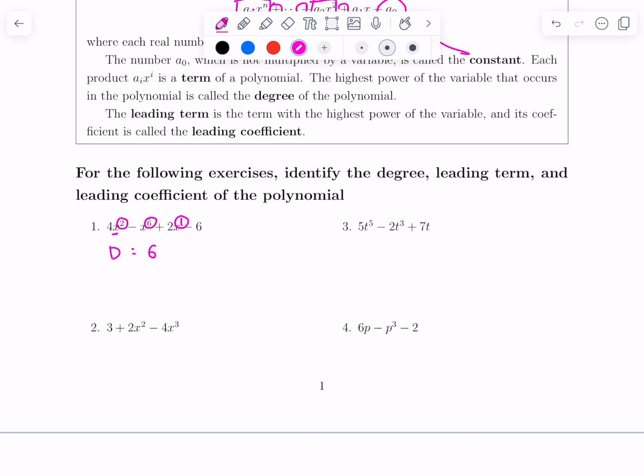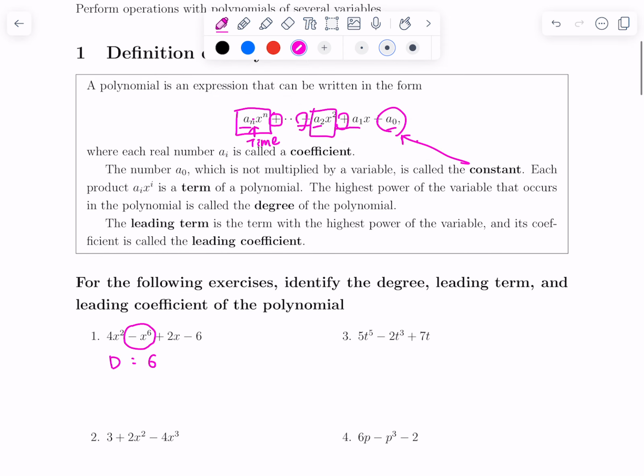And then we're going to circle out the term over here. So this is our leading term because we have the highest degree over here. But this question is pretty tricky. Look at our definition over here. All the connections of the terms, they're plus signs.